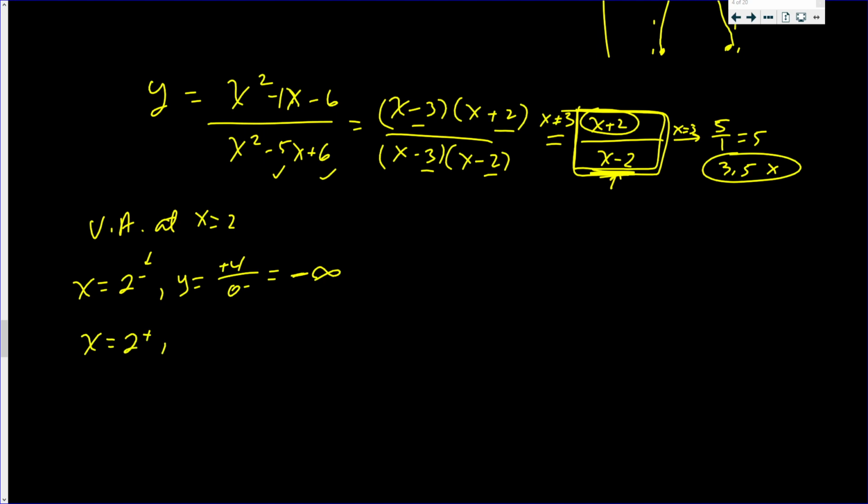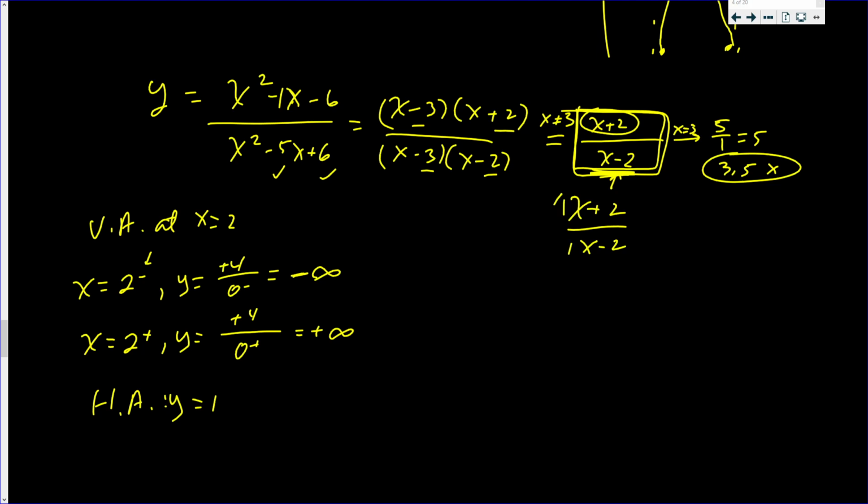If x is a little bit more than 2, the numerator is still close to 4, and x minus 2 in the bottom, if you have more than 2 and you take away 2, you'll be positive. Positive infinity.